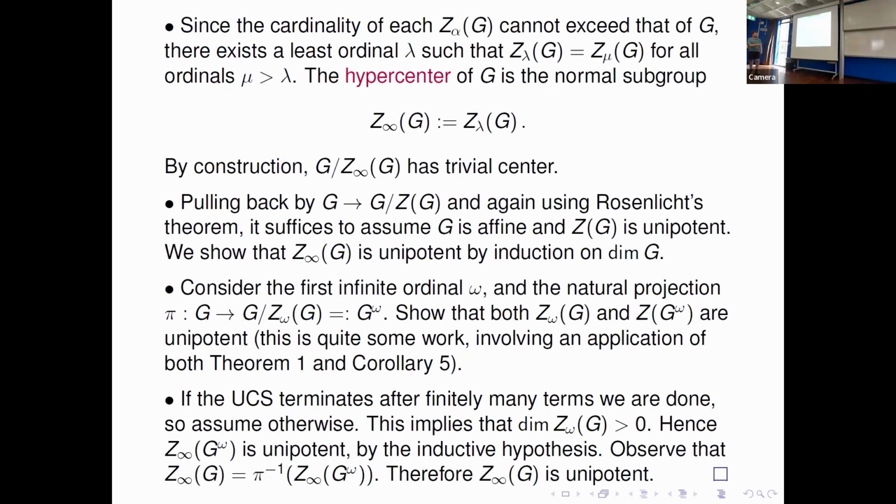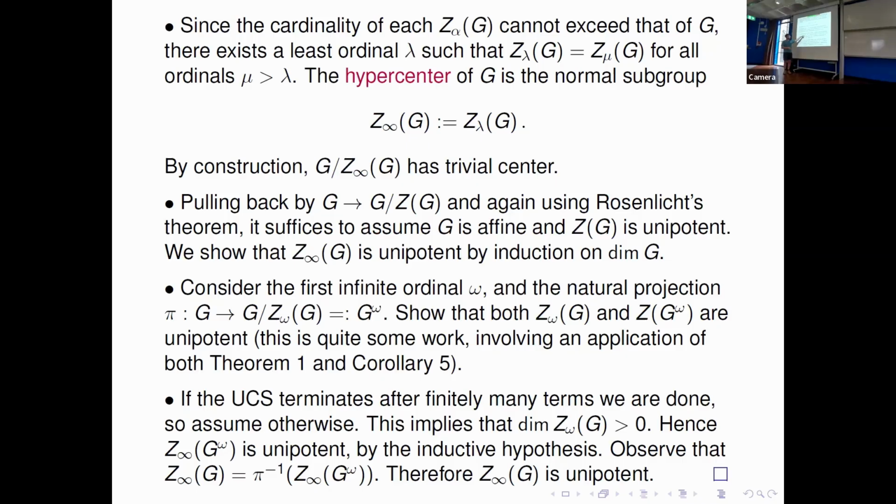Now, if you mod out by a normal subgroup of the hypercenter of G, then your upper central series of G goes nicely downstairs onto the upper central series here. So this condition pops out. What have we shown? We've shown that Z infinity G is an extension of Z infinity of G mod this.